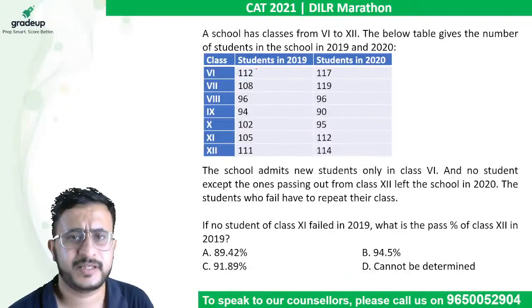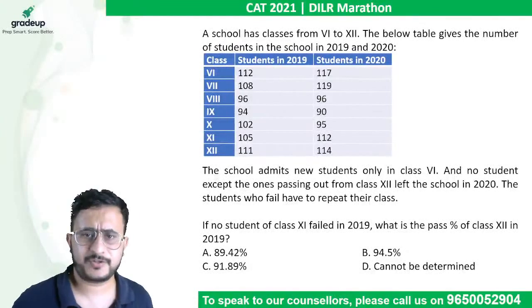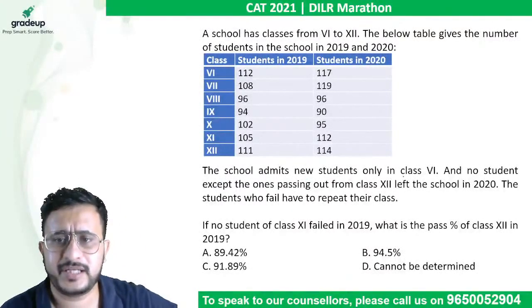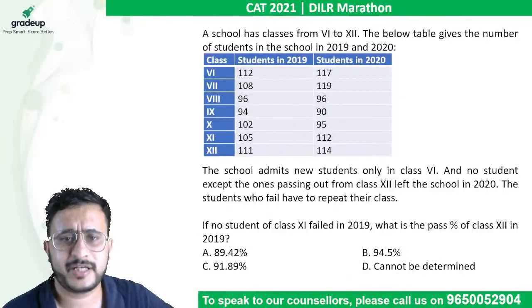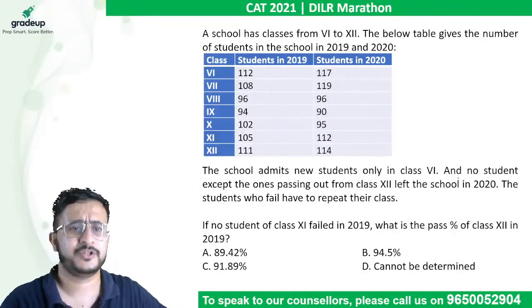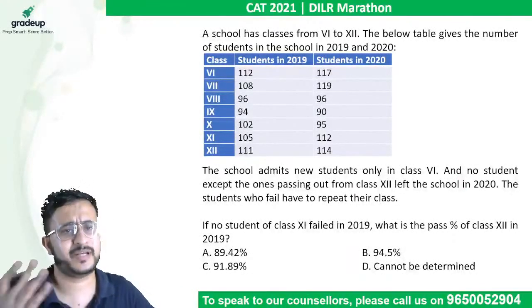The school admits new students only in class 6, so every year students get admitted only in class 6, and no student except the ones passing out from class 12 left the school in 2020. So the number of students stays the same, no one left the school in between.